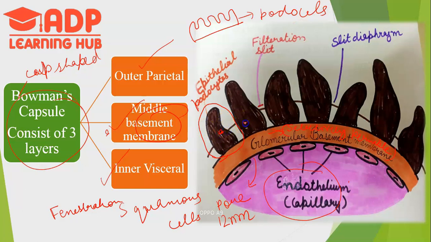The two podocytes have an area in between them, and this area is known as the filtration slit. From this name we can judge that these slits play an important role in the process of filtration by the kidney.